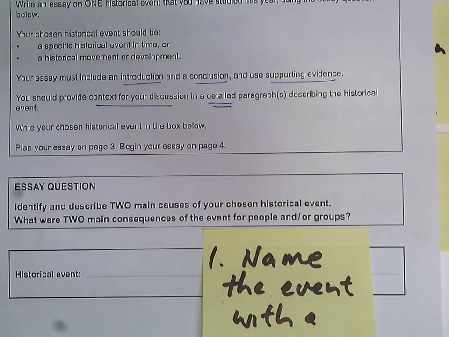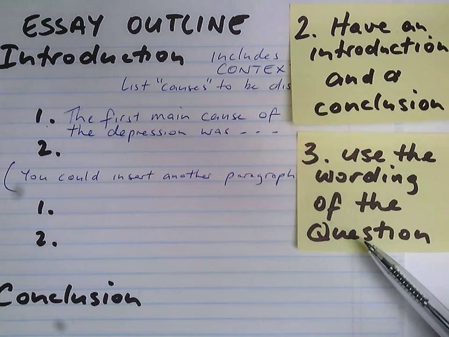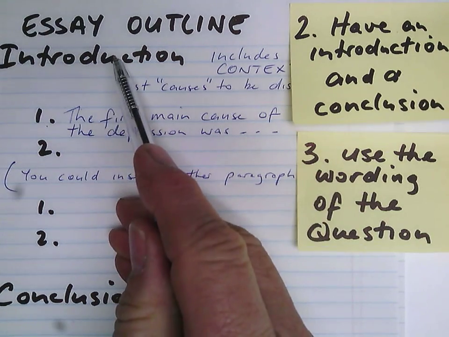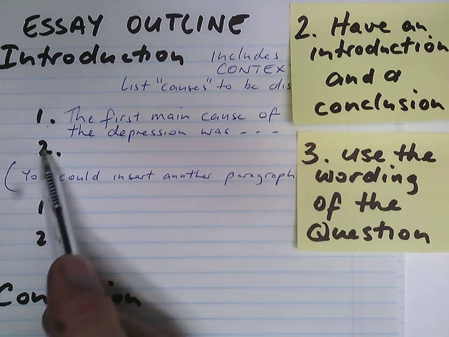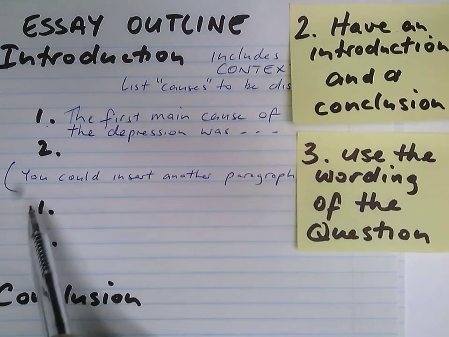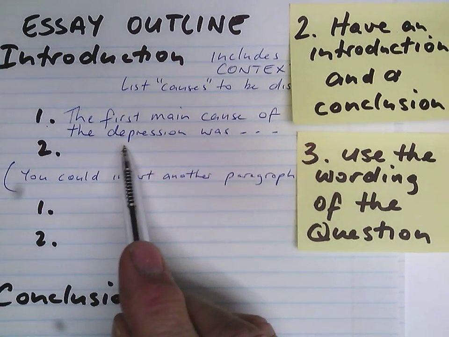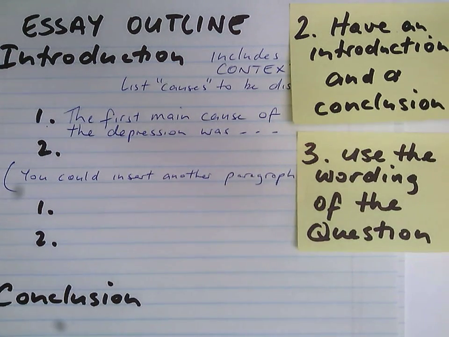You would write down the 2 main causes I am going to discuss are A and B. The 2 main consequences I am going to discuss are A and B. So use the wording of the question wherever you can in your paragraph. So your introduction, cause 1, cause 2. You might add a little bit more in the middle. Your consequences, consequence 1, consequence 2, and your conclusion. So you could start off, the first main cause of the depression was blah, blah, blah.